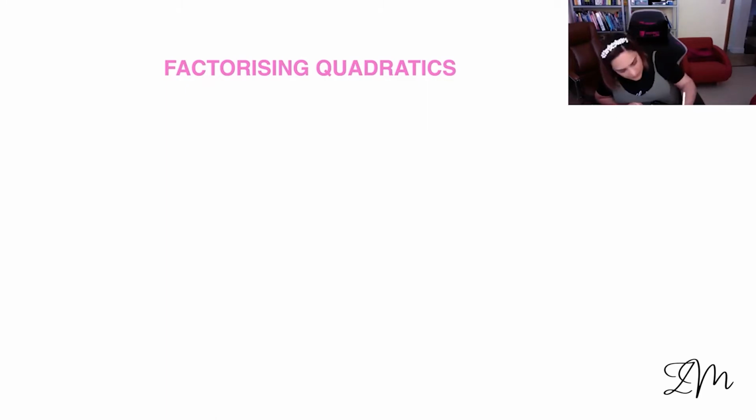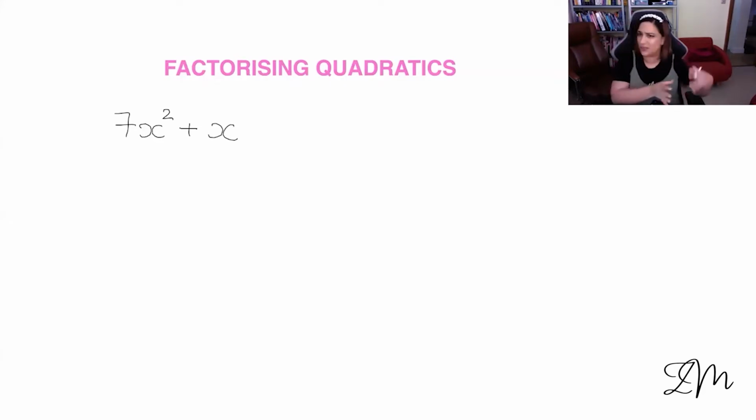If we have a look at 7x squared plus x, your first step here is to look for a common factor. So you're going to look at what's the same in 7x squared and what's the same in x.